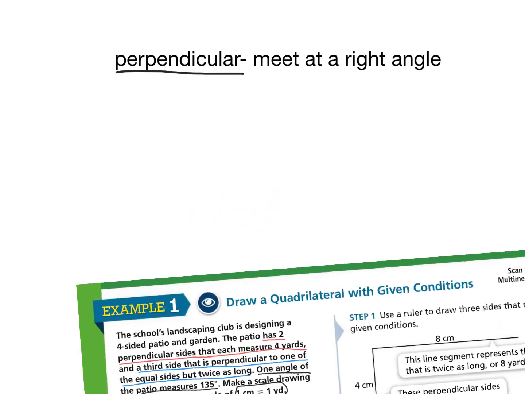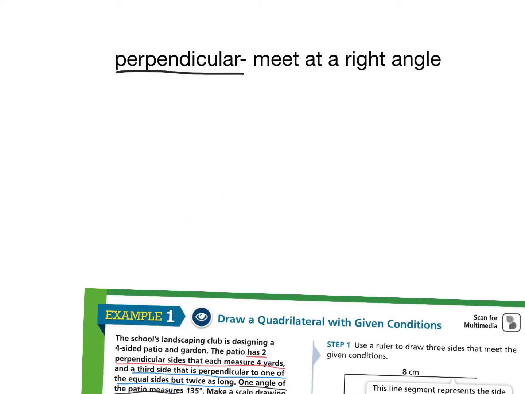Okay, 2 things meet at a right angle, it's called perpendicular. So, for example, those 2 line segments are perpendicular to each other.